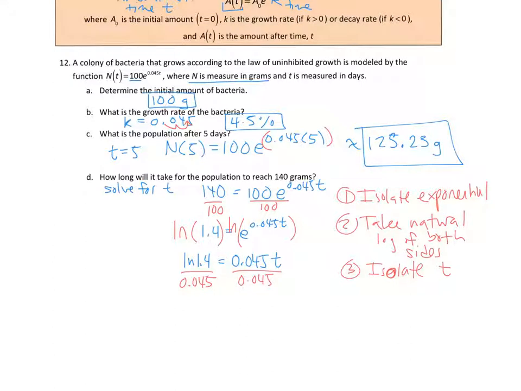And finally, we want to plug that answer into our calculator. T equals natural log of 1.4 divided by 0.045 is the exact answer, but we want to get a decimal approximation by plugging that into the calculator, and we get approximately 7.48 days.